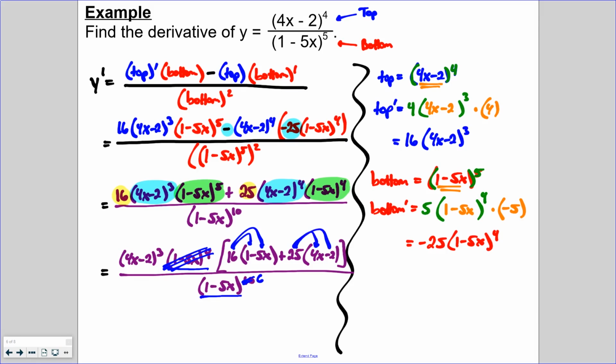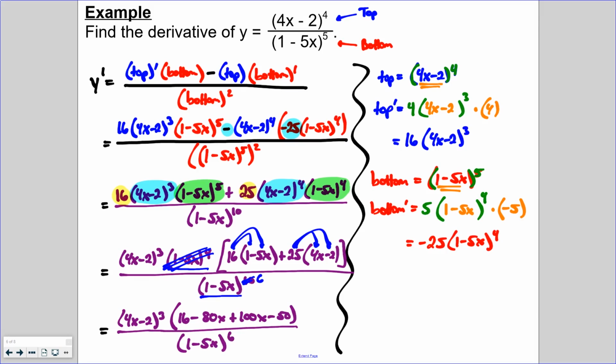Good thing we have on our distribution pants. And what's left? We're going to have 4x minus 2 cubed times 16 minus 80x plus 100x minus 50. And that's all going to be over the quantity 1 minus 5x to the 6th.